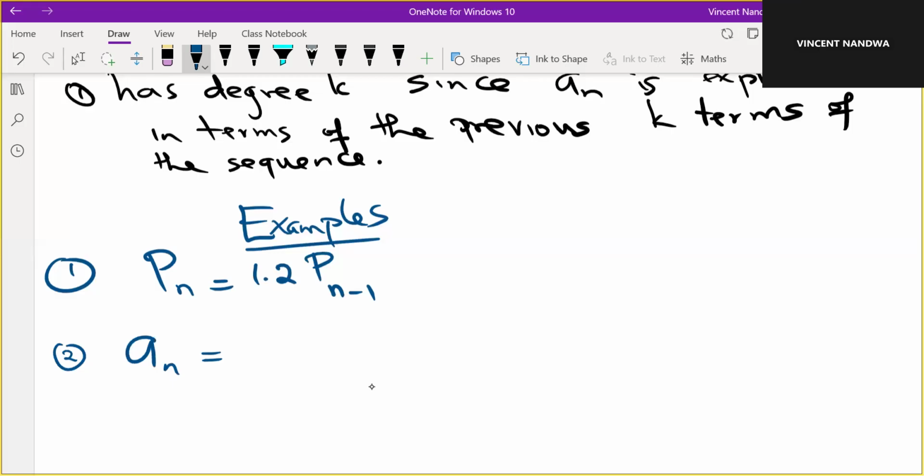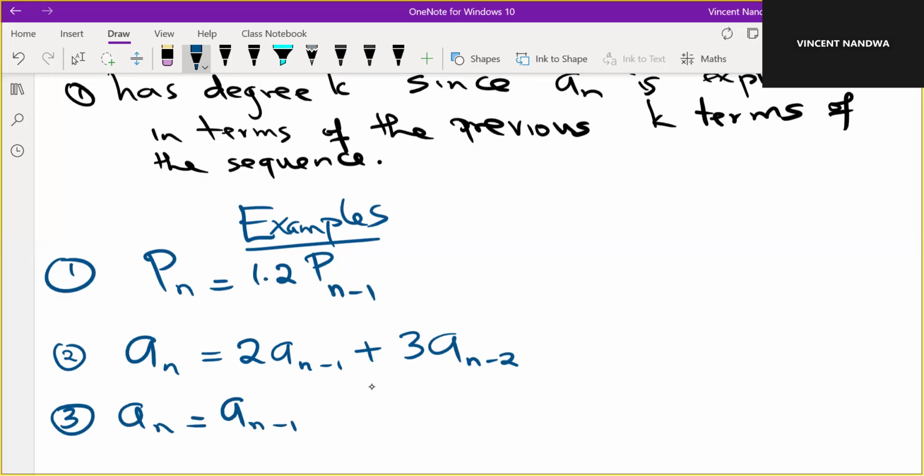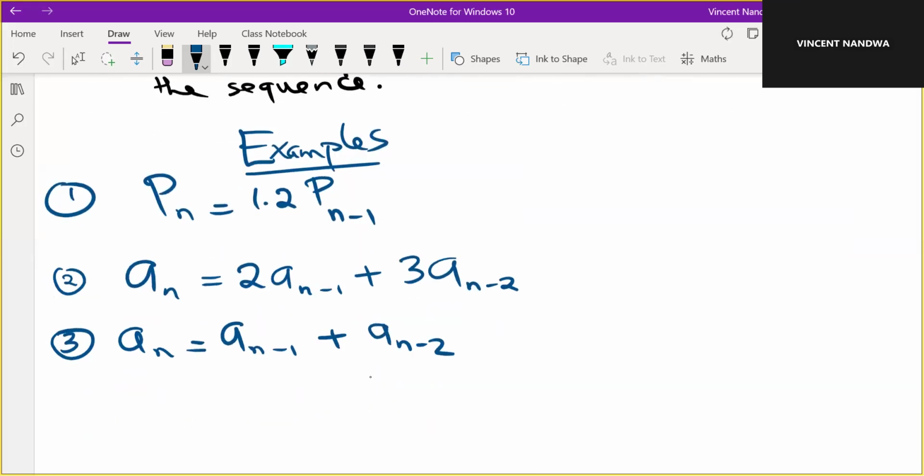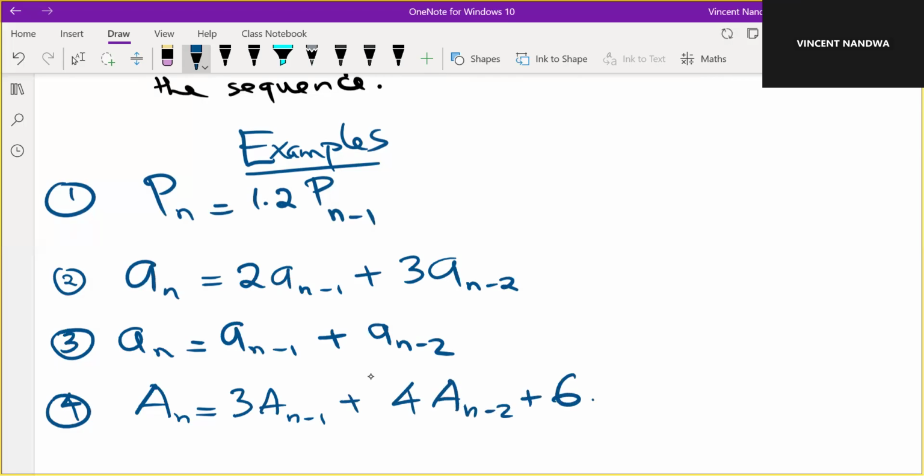If I have (2) a_n equals 2 a_{n-1} plus 3 a_{n-2}, and then (3) a_n equals a_{n-1} plus a_{n-2}, and then I have another one, (4) a_n equals 3 a_{n-1} plus 4 a_{n-2} plus 6 a_{n-3}.